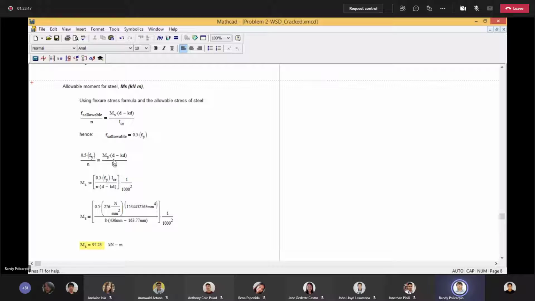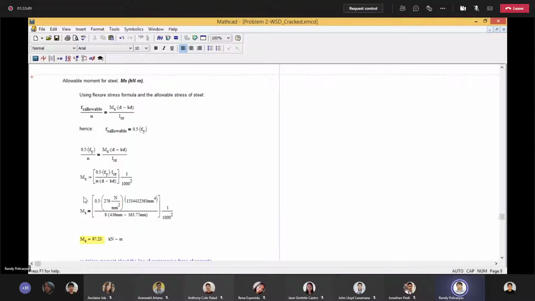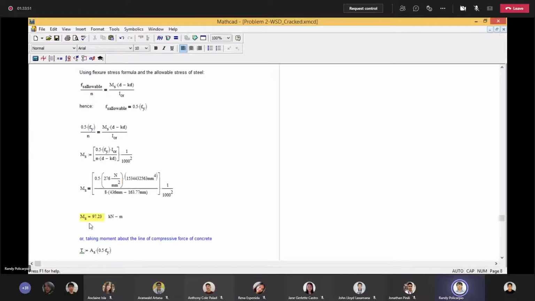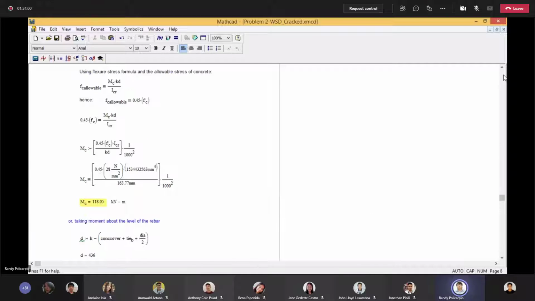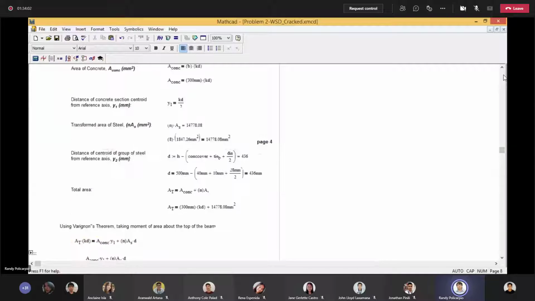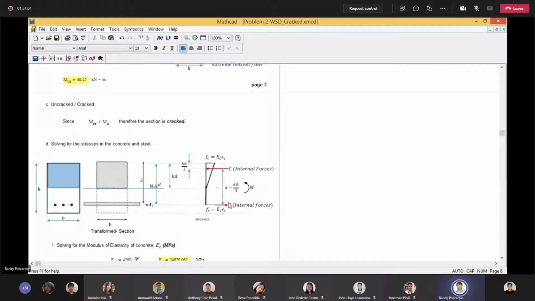So substitute natin dito and then isolate Ms. Your result is 97.23 kilonewton meter. Now, the alternative solution, if we go back here, I-moment mo yung T with respect to C. Ang moment arm D minus KD over 3.